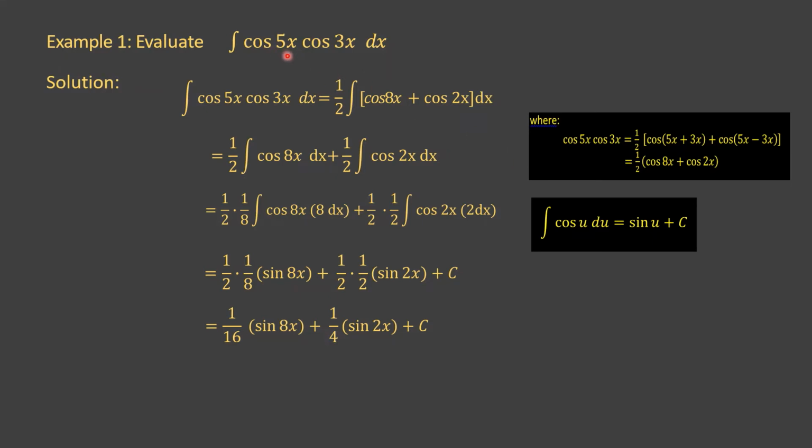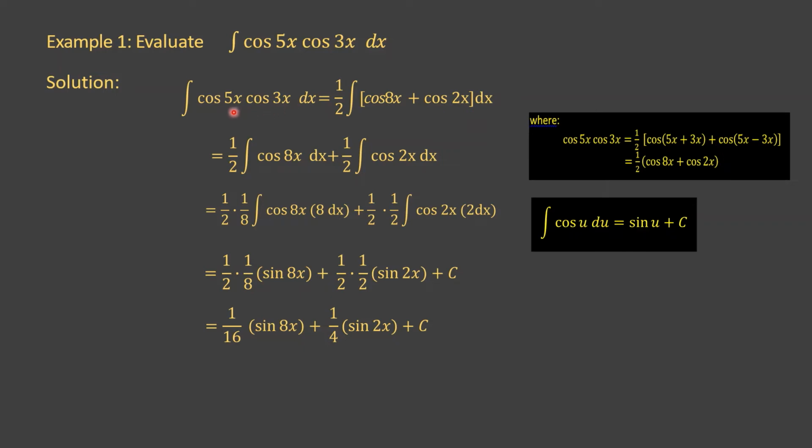Picking on u as 5x and v equal to 3x, then applying the identity, the product cosine 5x times cosine 3x will just be equal to 1/2 of the sum cosine of 5x plus 3x and cosine of 5x minus 3x. Simplifying this to 1/2 of the sum cosine 8x plus cosine of 2x.